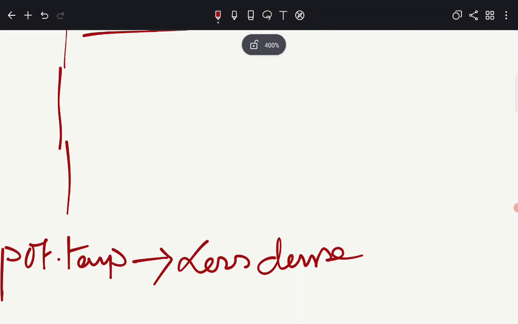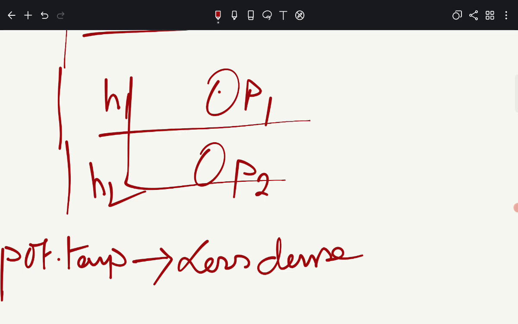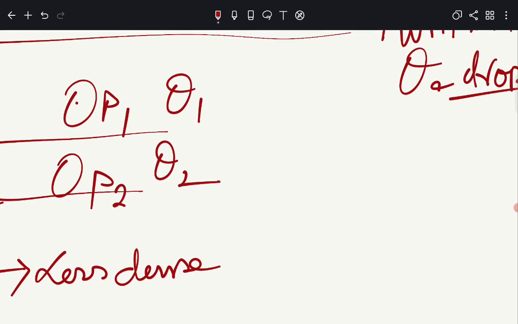We have two: one is P2, one is P1. One is staying over H1, one is staying over H2. One has pressure P1 and temperature theta1, the other has pressure P2 and temperature theta2. In this case theta1 is less than theta2.